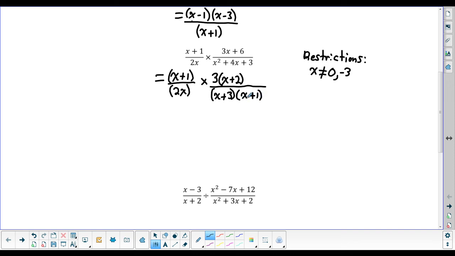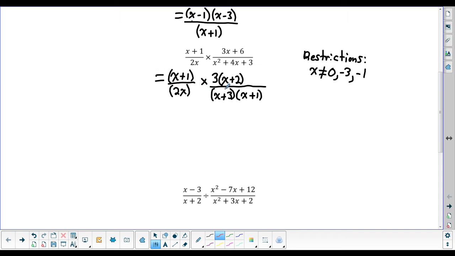From this bracket, x can't be -1. Okay, so next we want to flip the fraction if it's division. This is not division, so we don't need to do that. So now we can start simplifying. We also, because we didn't flip a fraction, we don't end up with any additional restrictions, but you can always just double check. And now we want to simplify.